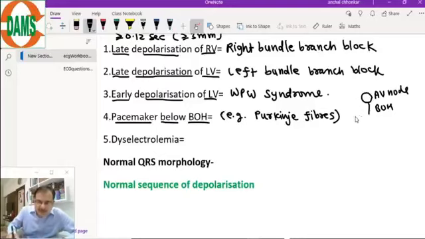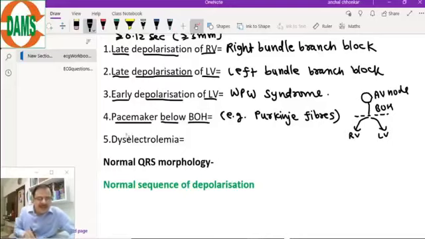But if below this line, below the bundle of His, the impulse is originating, a pacemaker is there for the ventricles. Remember, it will either originate from the right ventricle, so that pacemaker will depolarize the right ventricle first, followed by the left ventricle, and vice versa. So the pacemaker is below the bundle of His, that is Purkinje fibers.